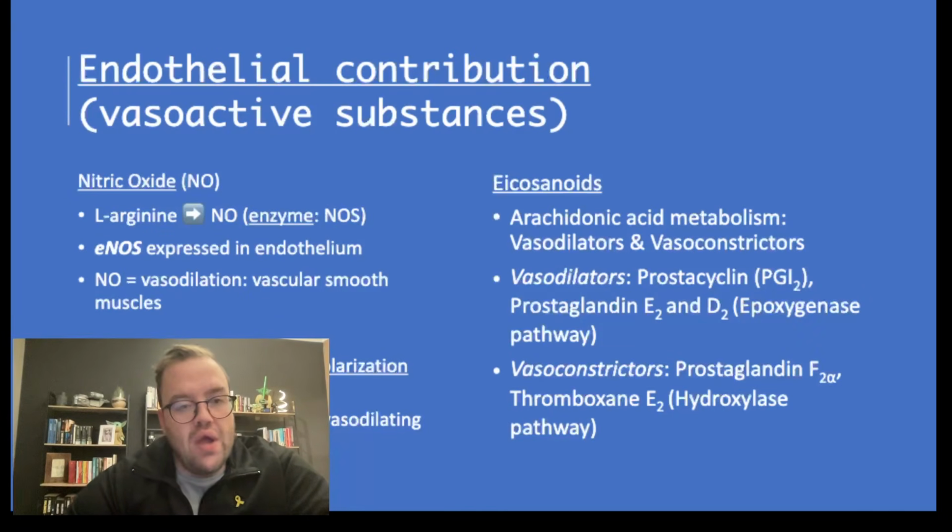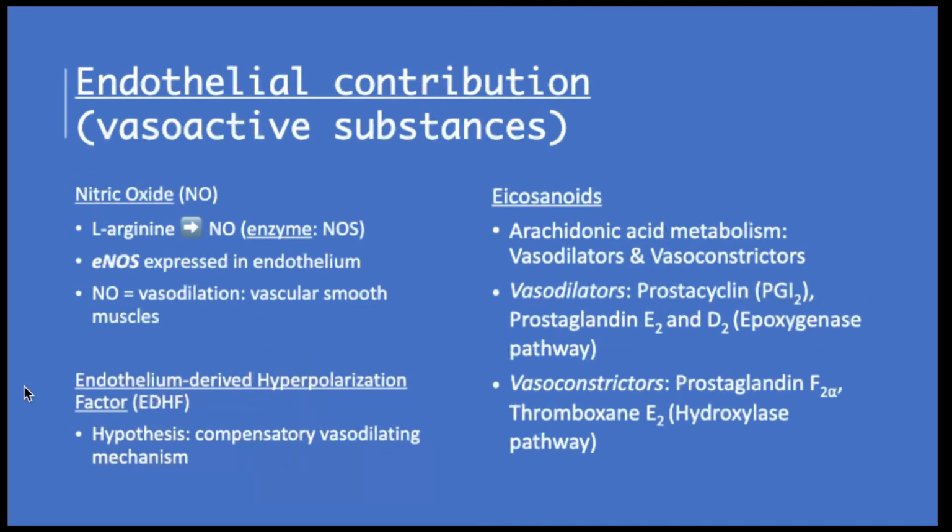Number two, there is significant endothelial contribution. The main one is nitric oxide. If you remember back to physiology, L-arginine is converted by nitric oxide synthase, NOS, in the endothelium to nitric oxide. eNOS is expressed massively in the endothelium.